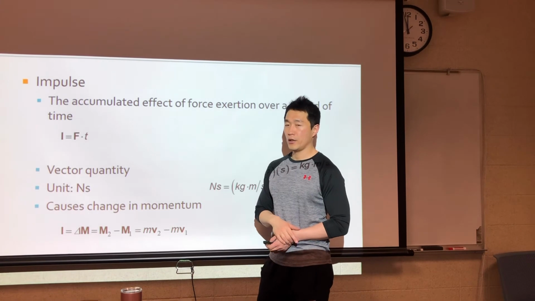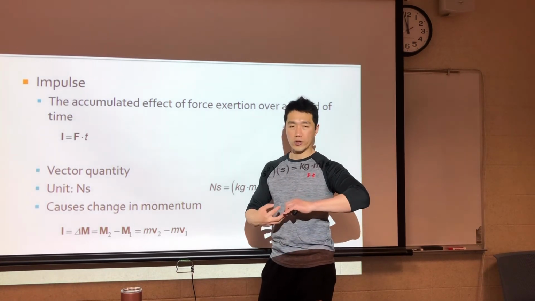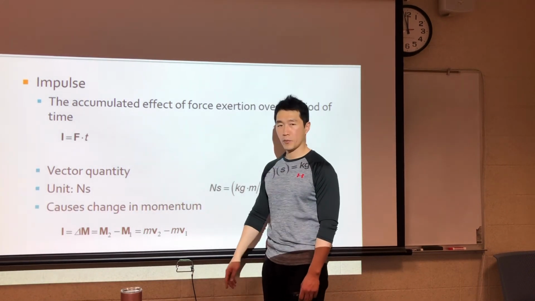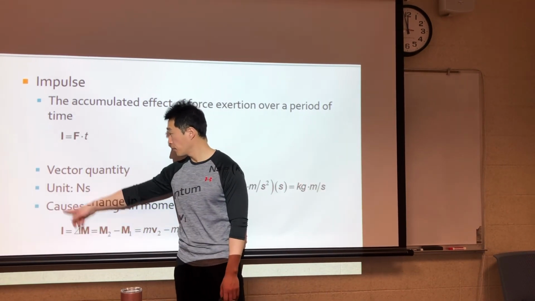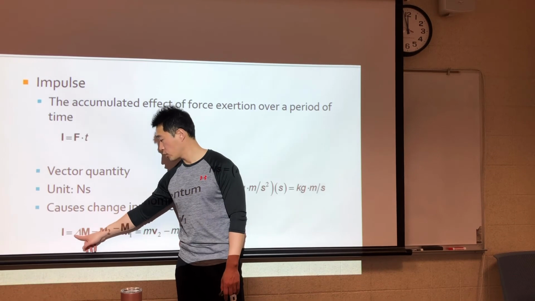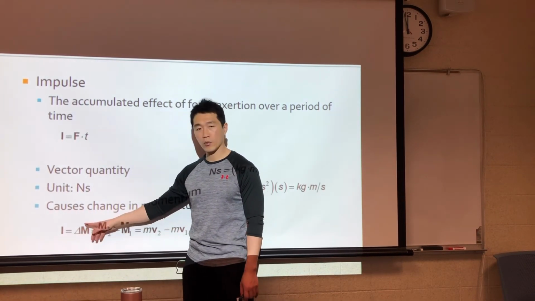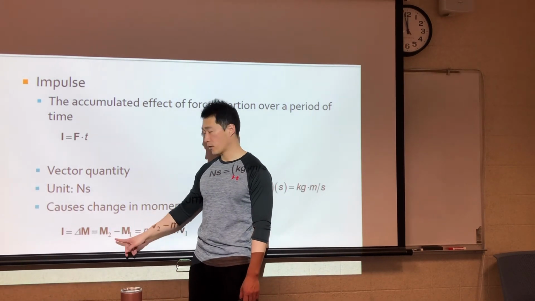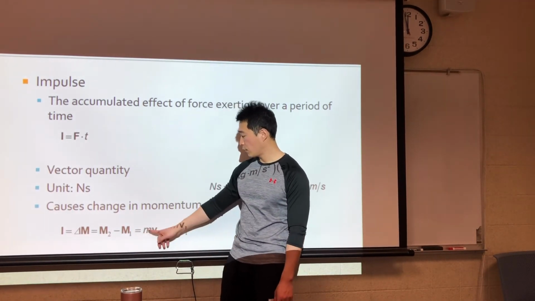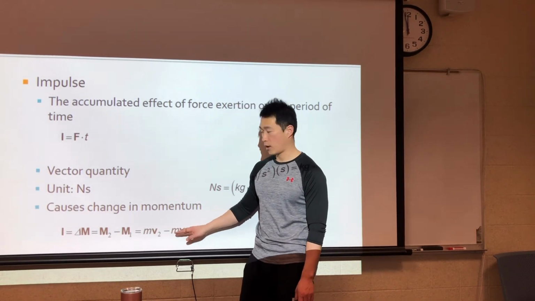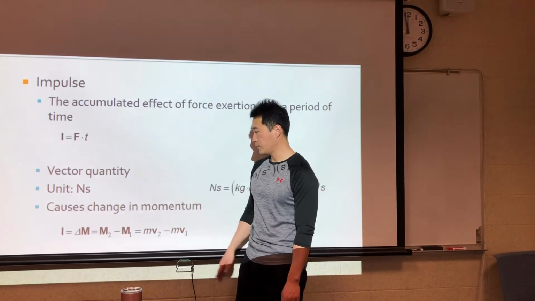That's why impulse and linear momentum are closely related, because impulse causes a change in momentum. Here I means the impulse, and delta means change in something. Change in momentum means final momentum minus initial momentum, so m v2, final velocity, minus mass times initial velocity. It will cause a change in momentum.